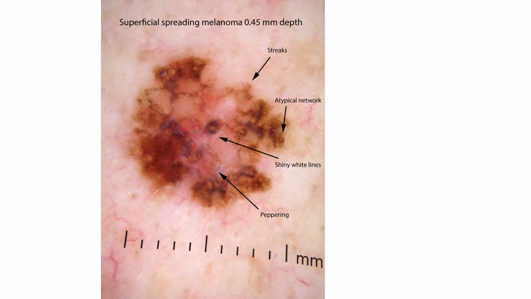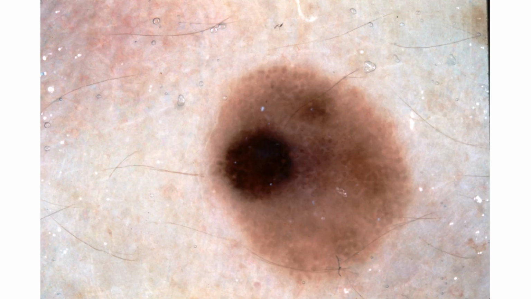We could also describe that as streaks on the edge there and some peppering over here. Superficial spreading melanoma. Look at this one, very obvious atypical off-centered blotch and some good negative network. Not good for the patient, but good for our eye and our diagnosis.